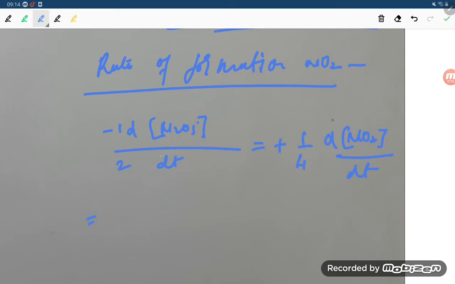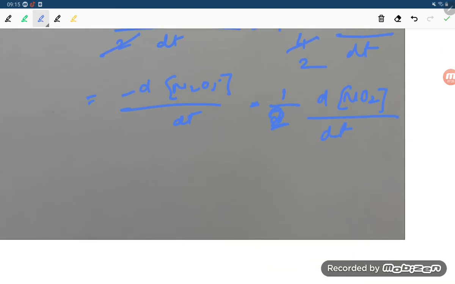So what we will be able to do is put down the values, students. If you are putting the values, cross multiplying 2 to the 4, we get minus dN2O5 upon dt equal to 1 by 2 upon 1 by 4 dNO2 upon dt, right? So cross multiply it out.